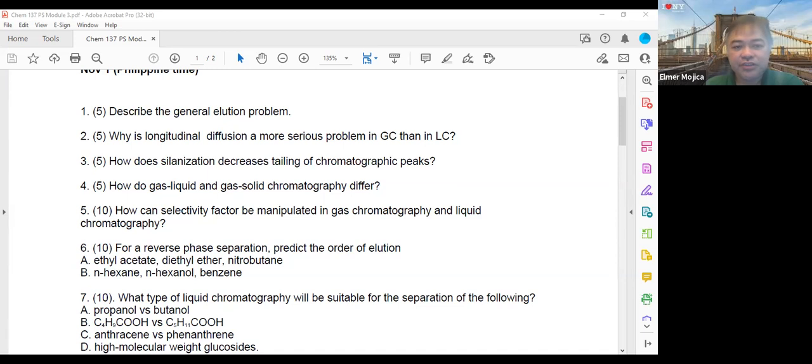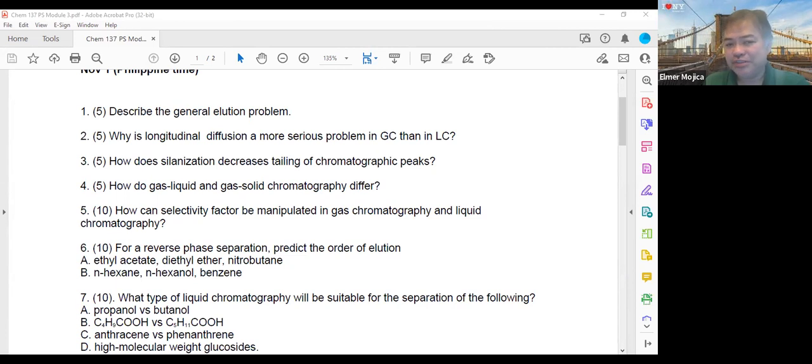So the term silanization, okay, it just caps the surface. Usually, when you have a surface, in your stationary phase, you have what? Hydroxyl group. So what is a hydroxyl group?